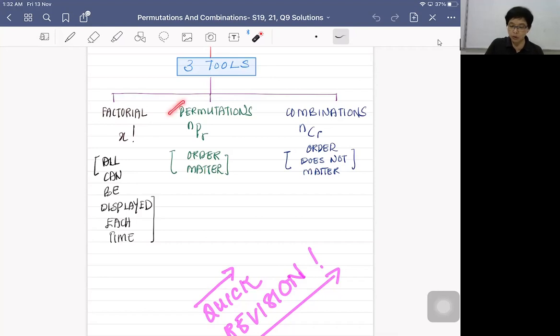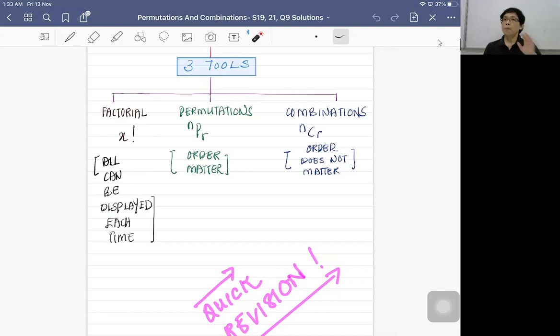Now we come to combination and permutation. They are not as lucky as factorial. Permutation and combination face a certain kind of limitation. For example, they are given n number of choices, say n is 8, as we had just now.